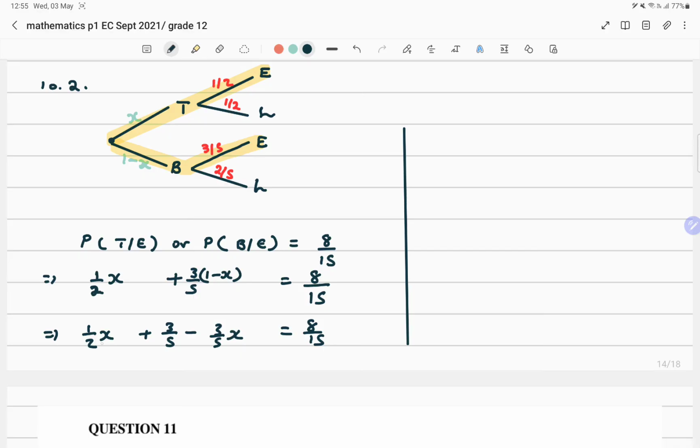Now what we do here, we collect like terms. This one we transpose to the other side, we sort these ones out. So let's see, 1 over 2 minus 3 over 5. Obviously it's going to be a negative. So we're getting here minus 1 over 10x is equal to, then we take this one, 8 over 15, we're going to subtract the 3 over 5.